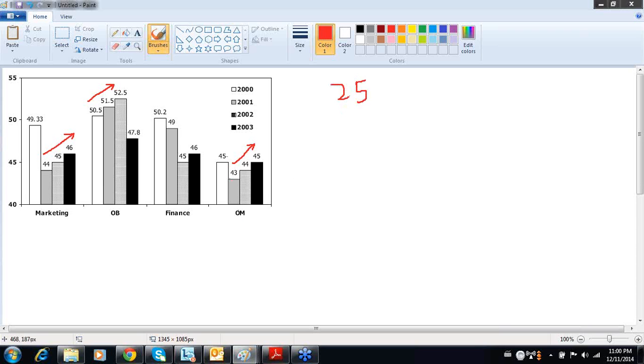Similarly for OM, the starting average age was 45 and one person joined with an age of 25, so the average age dipped to 43, and then again every year the average age has increased. Only in finance, if you see, it has dipped, then dipped again, then increased.